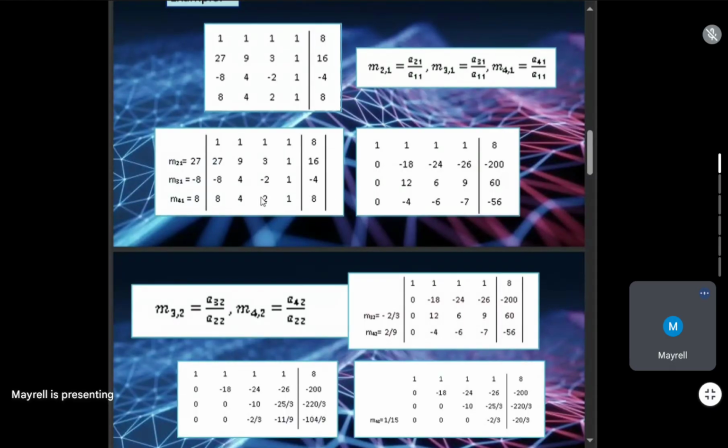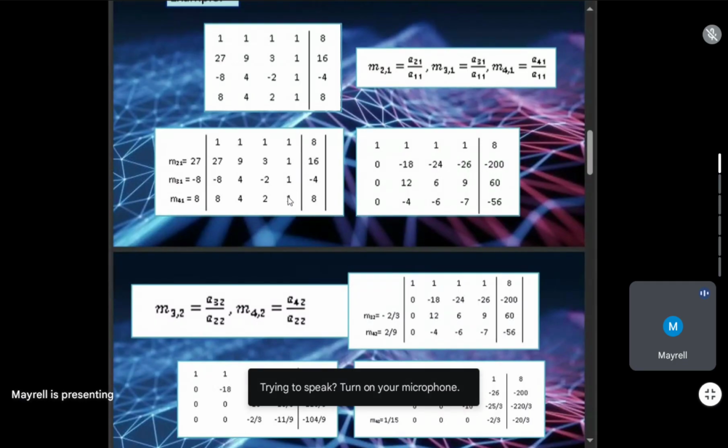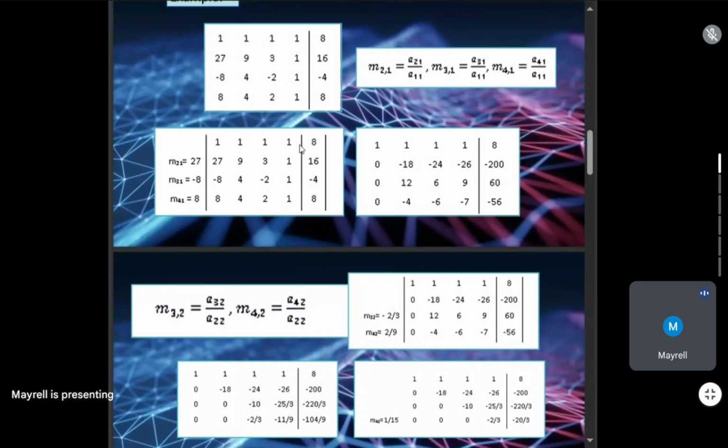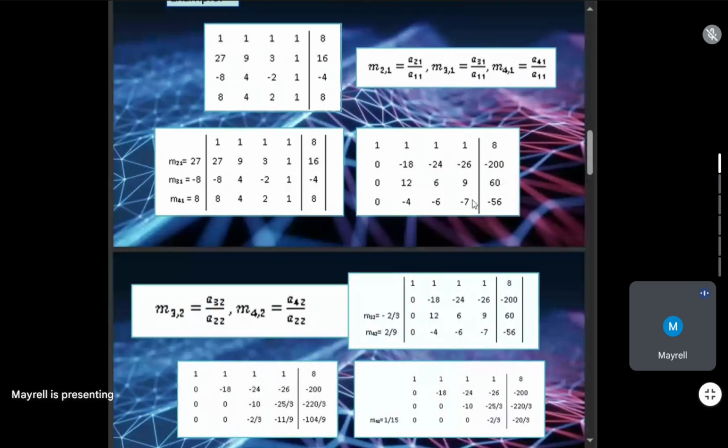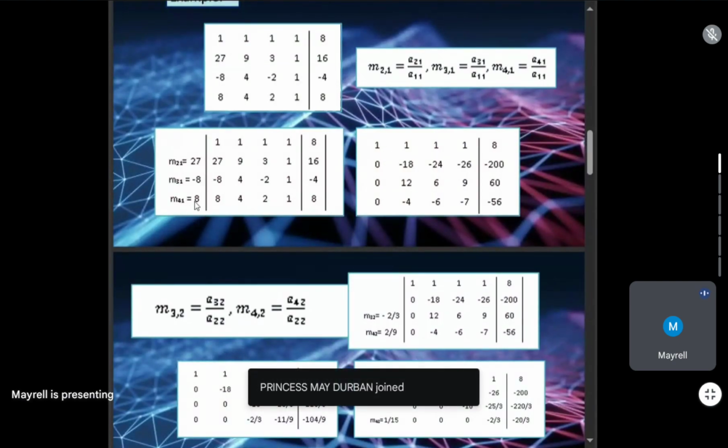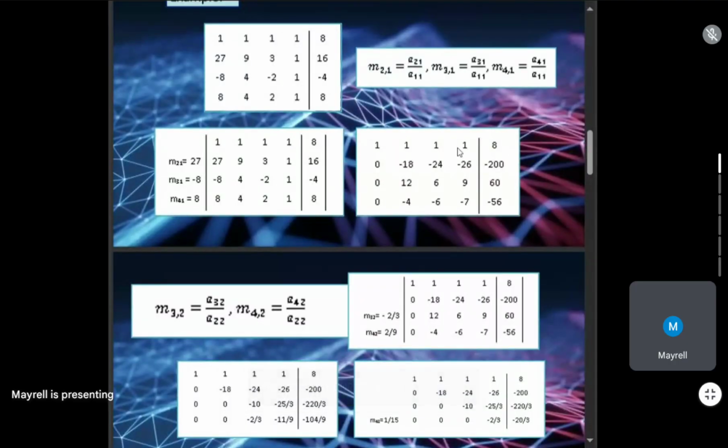And then 2 minus 8 times 1, negative 6. Then 1 minus 8 times 1, negative 7. And lastly, 8 minus 8 times 8, negative 56. Okay? That is the pattern in solving.